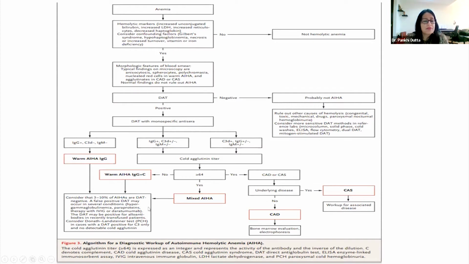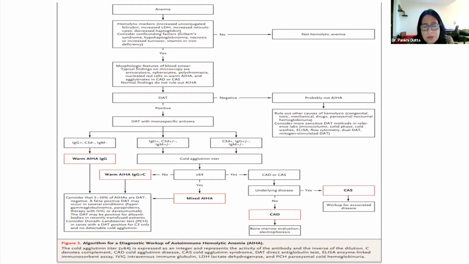And one important thing to consider is that there can be Coombs negative autoimmune hemolytic anemia. This can occur because the antibody may be weak, and in spite of our best efforts, we may not be able to pick it up in a routine laboratory. You might need to send for very sensitive assays like flow cytometry to a referral center if necessary.